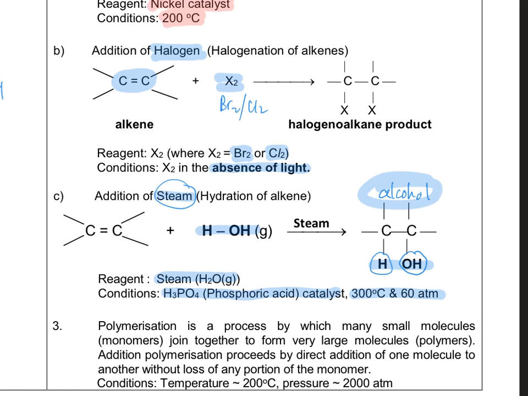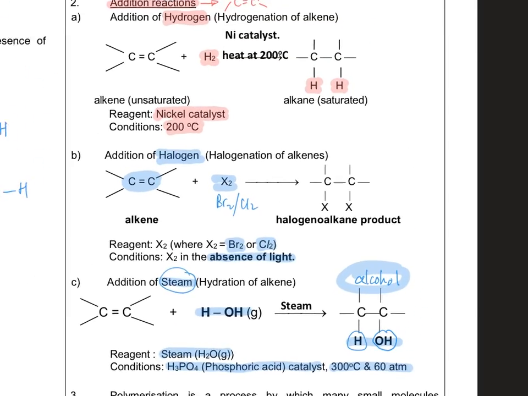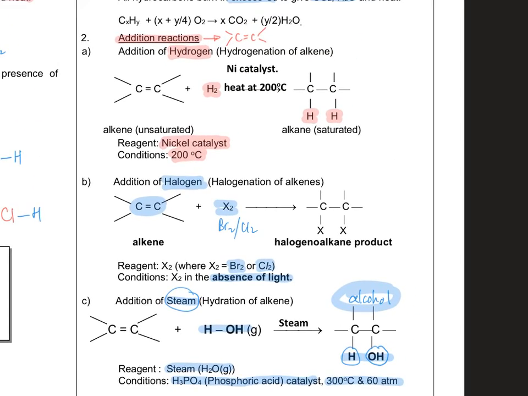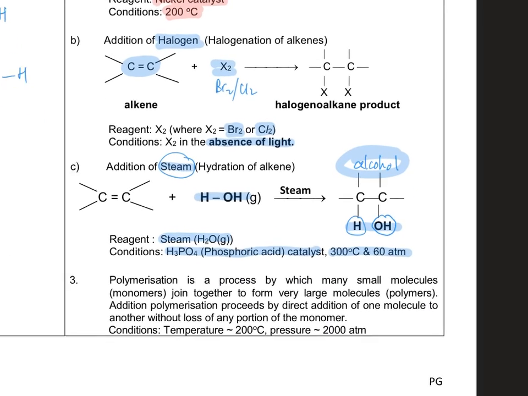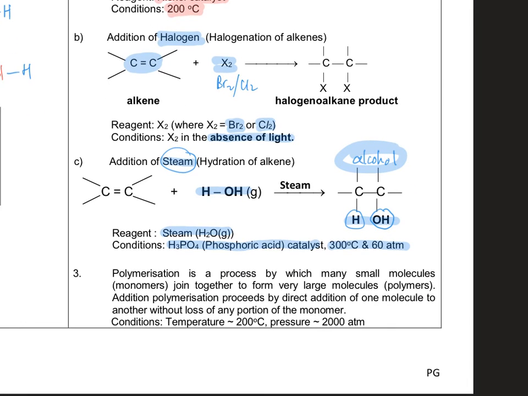These three addition reactions are very unique to alkene, simply because they have a carbon-carbon double bond. All the things that you want to add can be added across the carbon-carbon double bond. Reaction 3, we will revisit later when we talk about polymers. You just need to remember there is another reaction called addition polymerization.